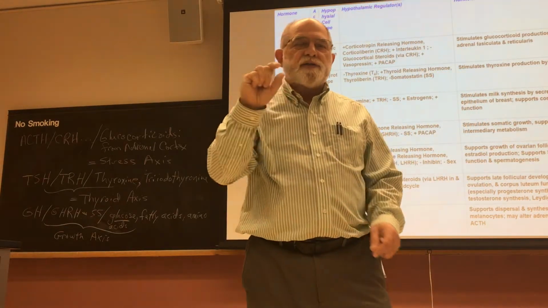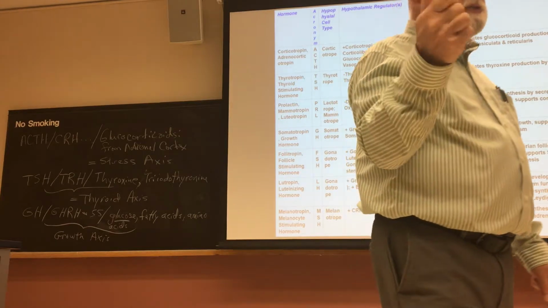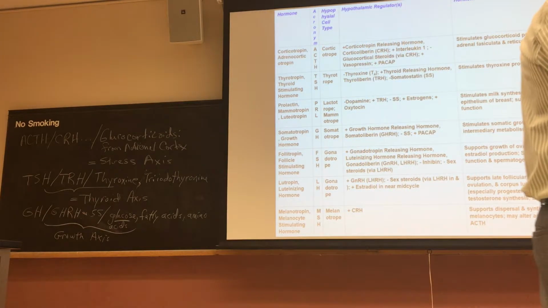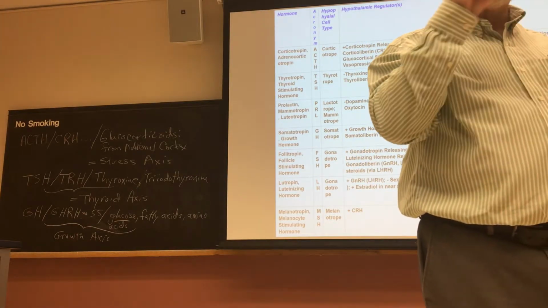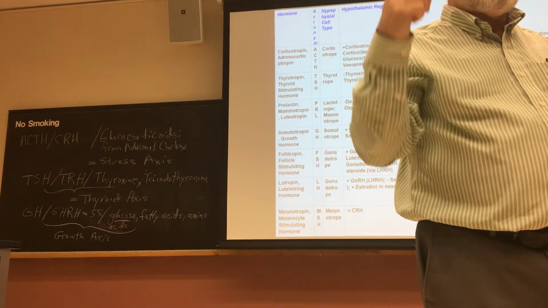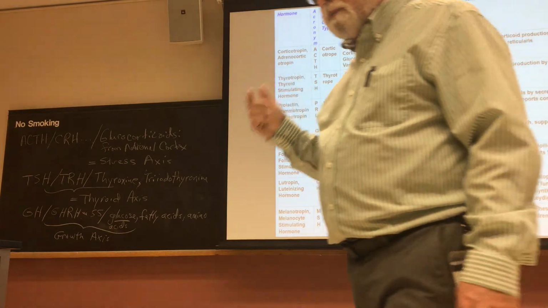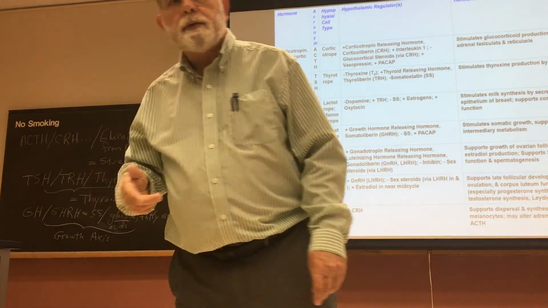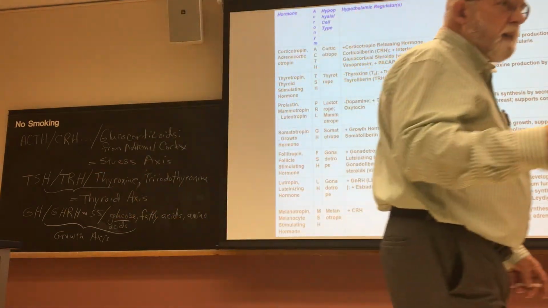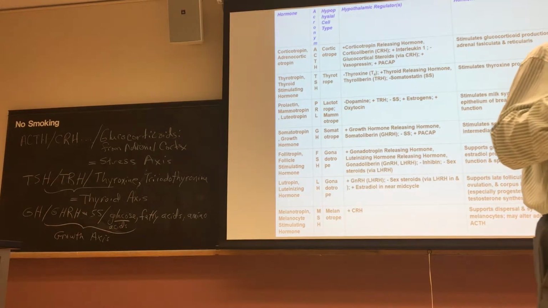It's the interface between the posterior pituitary lobe and the anterior pituitary lobe. It persists in fish, in reptiles, in birds, and in some mammals, but not primates.